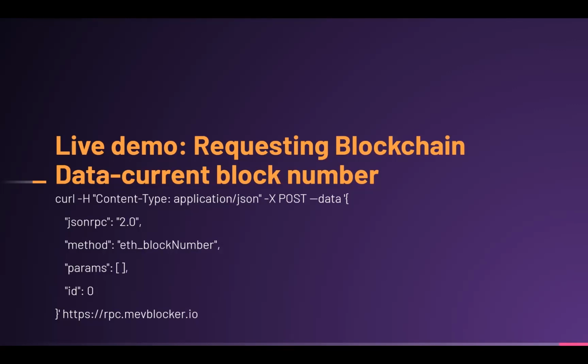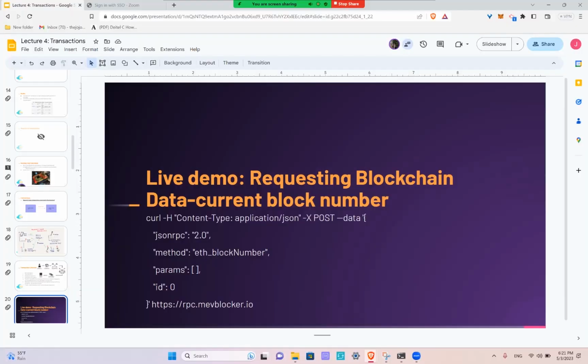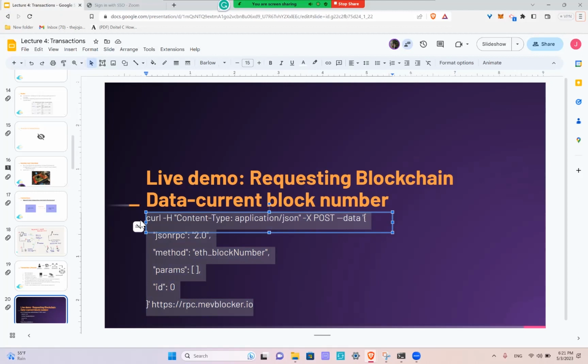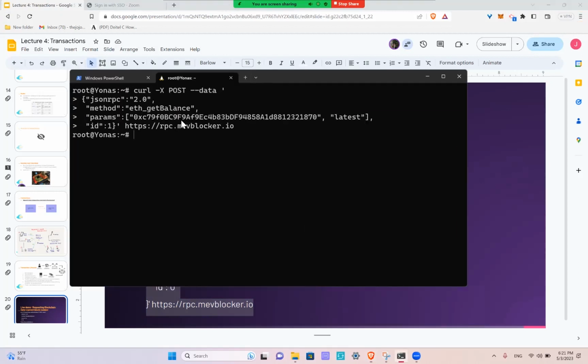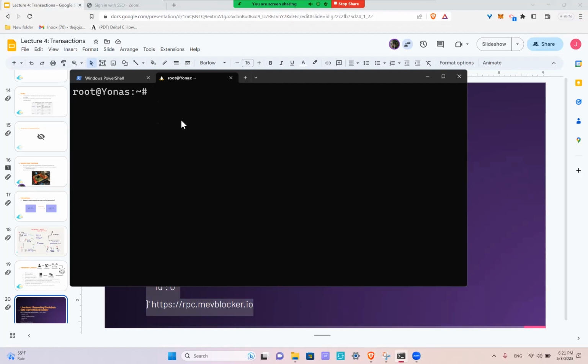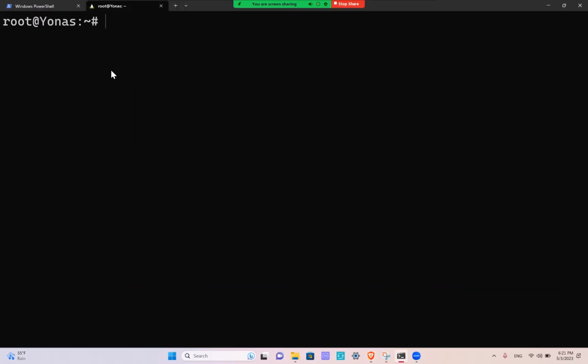So here we're going to request the most recent block number that the nodes know about. So we come over here and pull up the terminal.